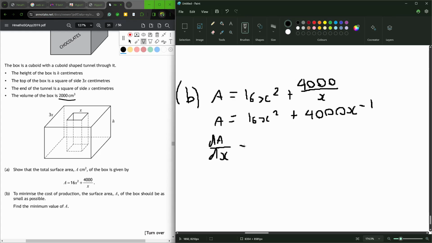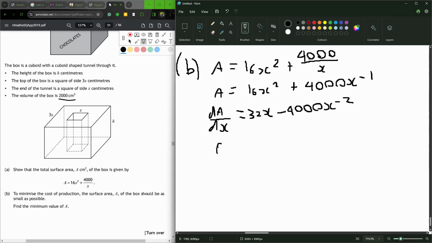So 2 times 16, that's 32x, and then it'll be minus 4,000x to the minus 2. And then for stationary points, dA over dx equals 0.